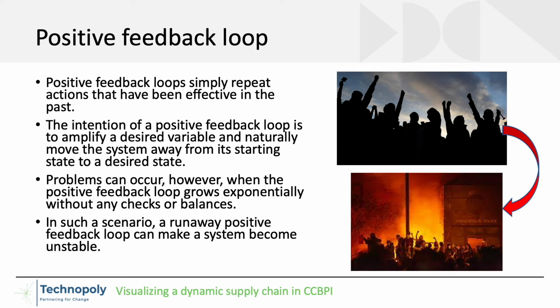When protests are unregulated, or if protests are unaddressed, it can lead to a worst case situation like riots. And riots can spiral down until you control them. So positive feedback loops are great, but they can backfire in a system.